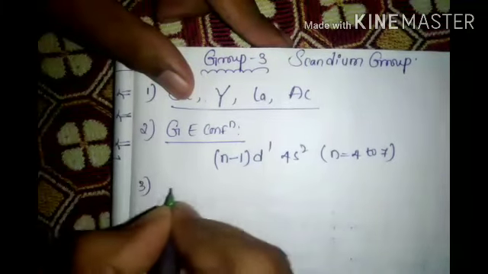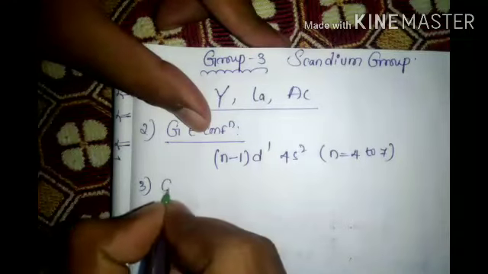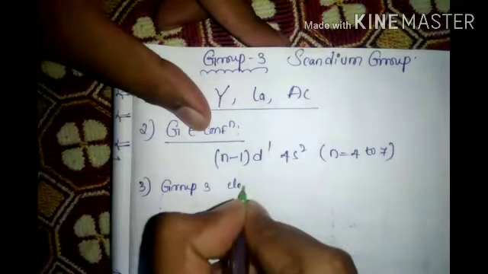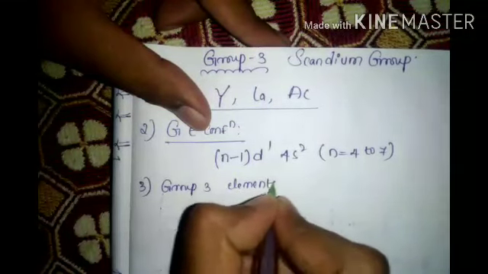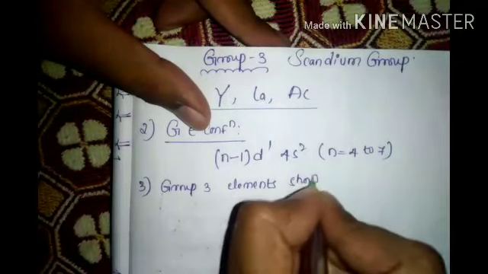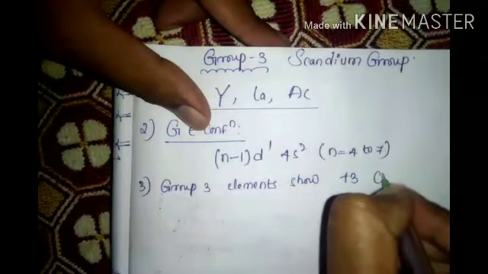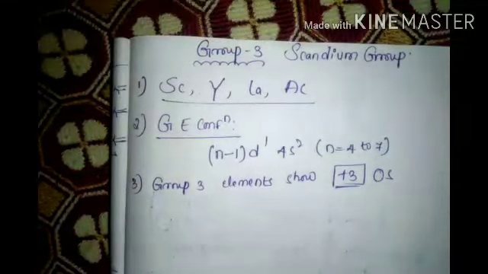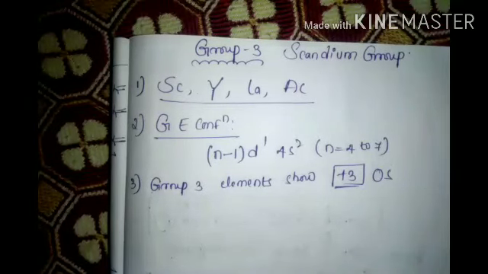Third important point: Group 3 elements show +3 oxidation state. Very, very important point. They show an oxidation state of +3.